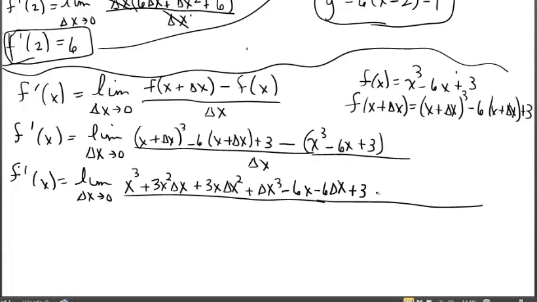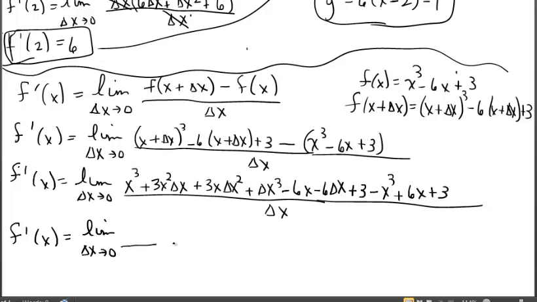Notice I need to distribute the negative throughout the problem. Okay, the x cubes cancel. The 6x cancels, and then, oops, this needs to be a minus. So I'll make sure that that's subtraction and not addition, so that this 3 will then cancel with that 3.